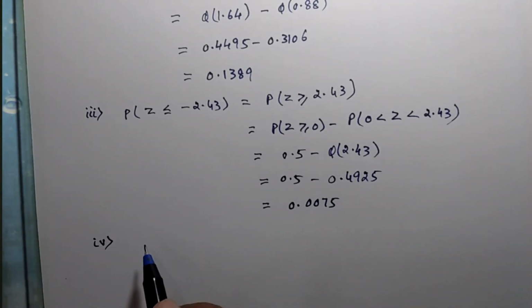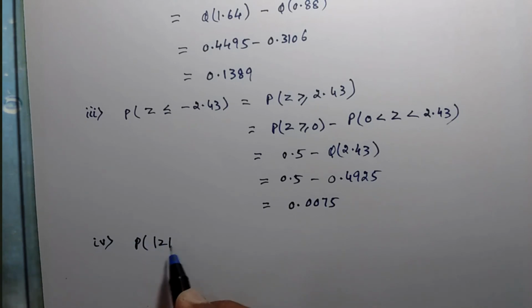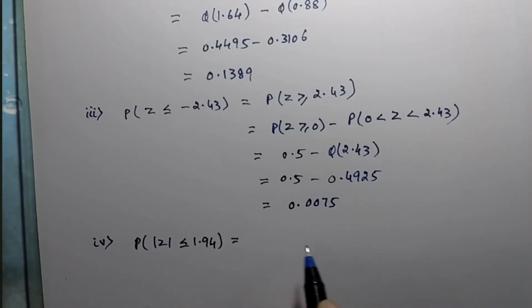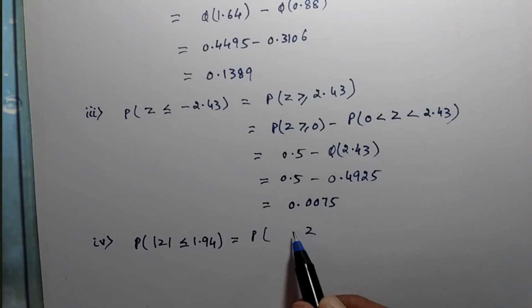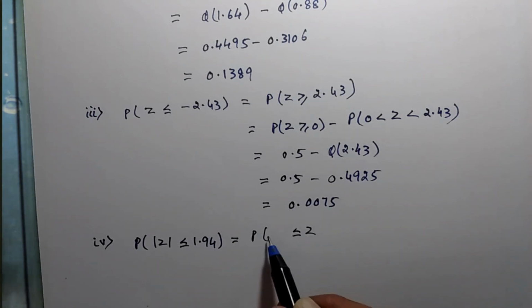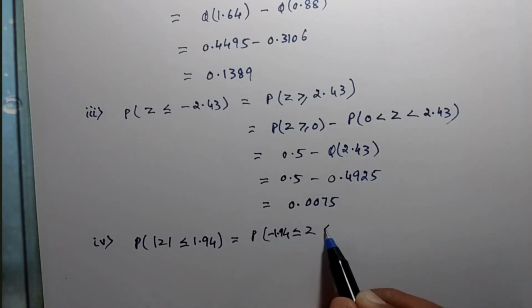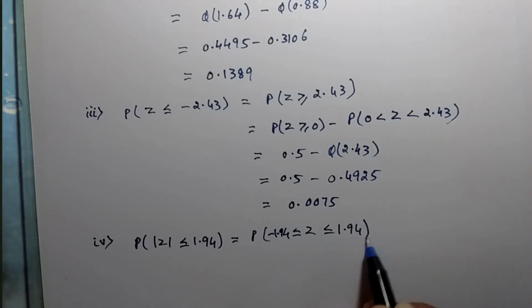Result number 4, if you refer back to the equation, is the probability when modulus of z is less than or equal to 1.94. Because modulus is there, if you eliminate the modulus, the value of z will be negative as well as positive. So you will get minus 1.94 to plus 1.94.